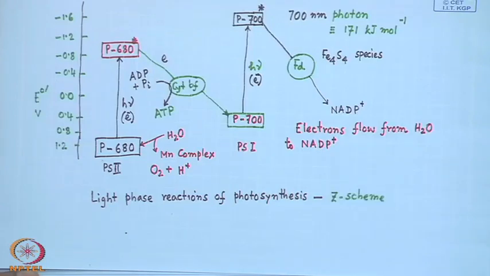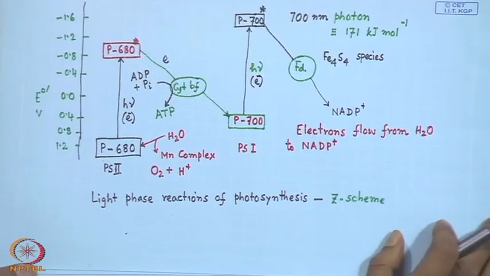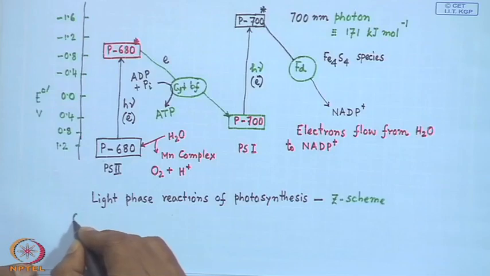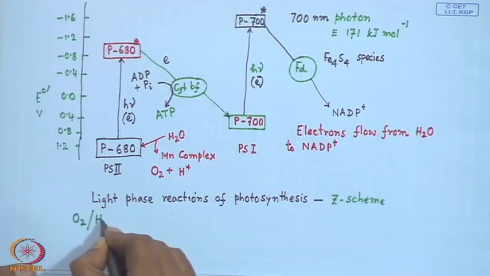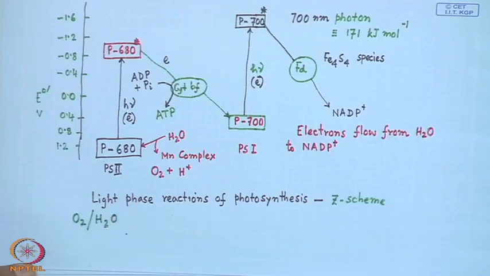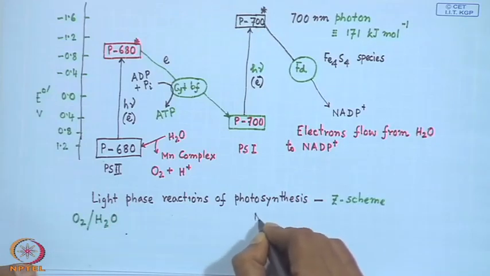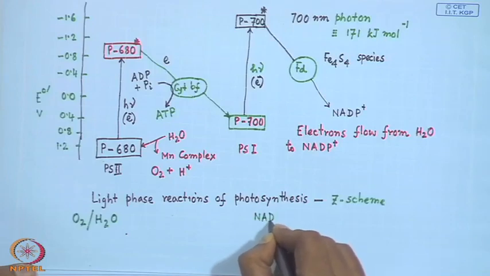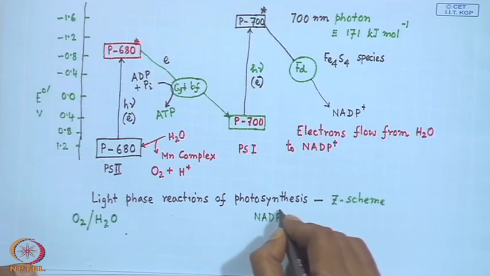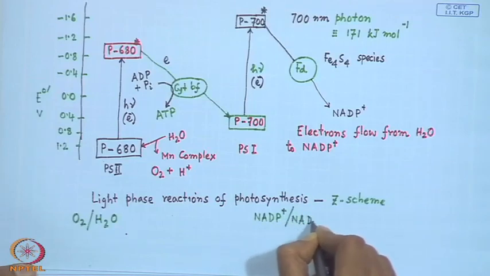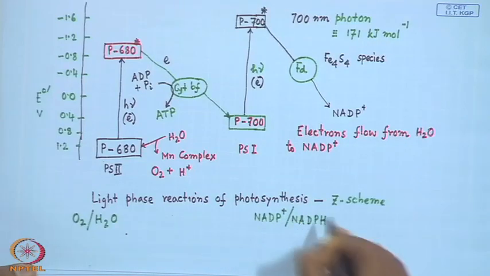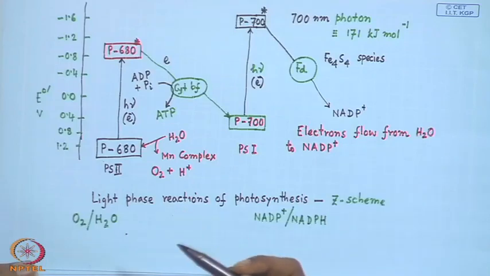We need these excitations because, if we know the redox couples of O2 and water and NADP plus and NADPH, and if they are thermodynamically favorable, we can use them directly.